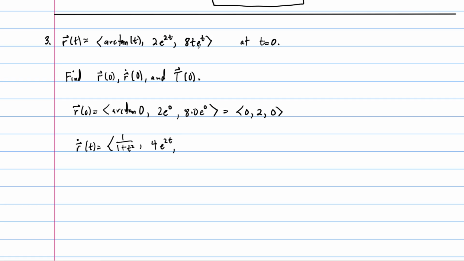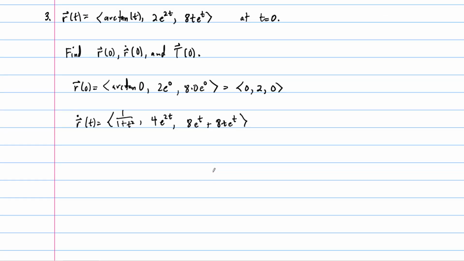And then this one is a product rule, so it's 8e to the t plus 8t e to the t. So there's our derivative, and now we can plug in 0. So r dot of 0 is going to be 1 over 1 plus 0, so that's 1. 4e to the 0, that's 4. 8e to the 0 is 8, plus 0, so this is 8. Okay, so there's our r dot at 0.